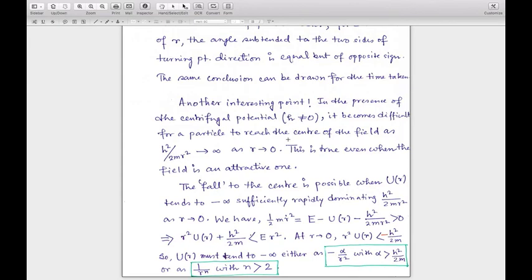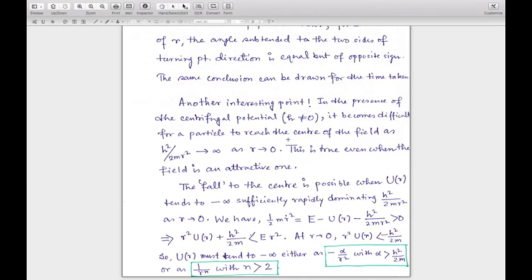Now when it has an attractive potential, for example, the U(r) part is attractive, because U(r) can be repulsive or attractive. When it's attractive, it has a negative contribution, so when the particle approaches the center, due to the nature of U(r), its potential energy decreases. And if U(r) were alone, then the particle would have negative infinite energy at the center.